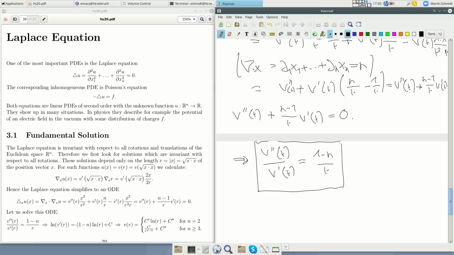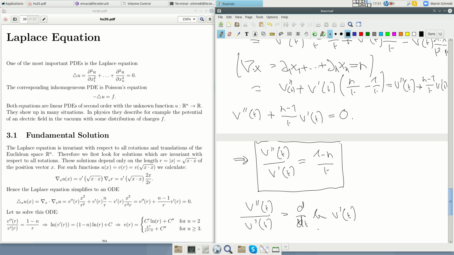Now this is a nice formula, because on the top we have the derivative of the bottom. On the top, the derivative of the bottom. And then you know the whole thing is the derivative of the logarithm of the bottom. So v double prime of r over v prime of r is d by dr of ln v prime of r.